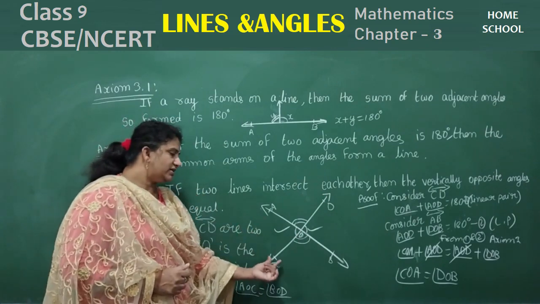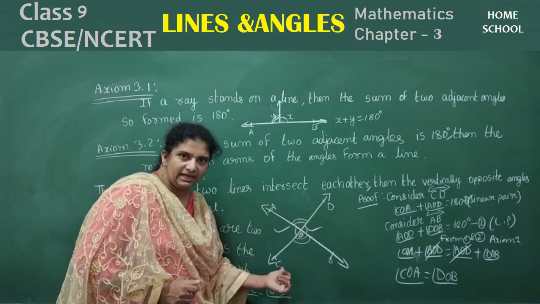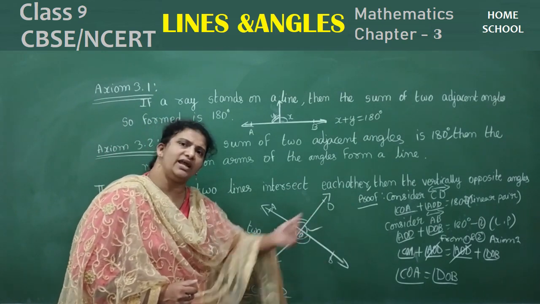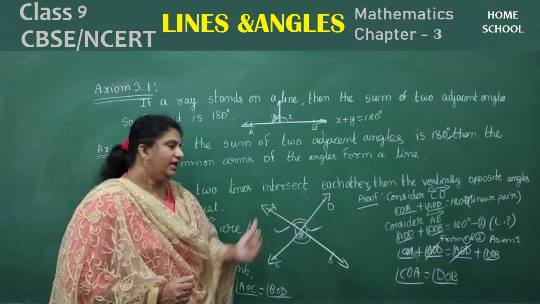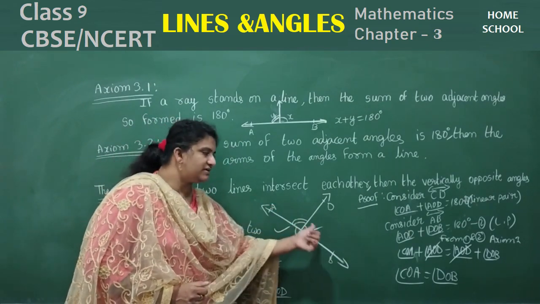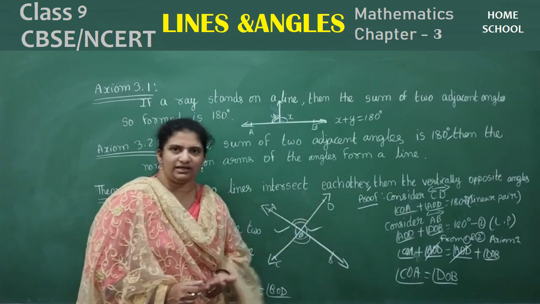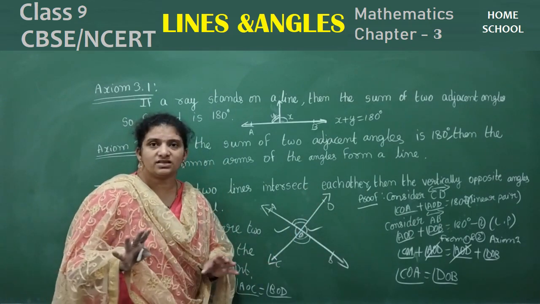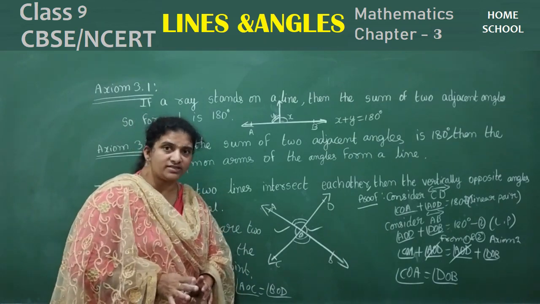Now I have started my proof. How did I start, children? Consider a line CD such that this angle plus this angle will be 180. How? Linear pair. Now consider a line AB: this angle plus this angle will be 180 degrees. See here, there are no restrictions. Try to understand the concept.